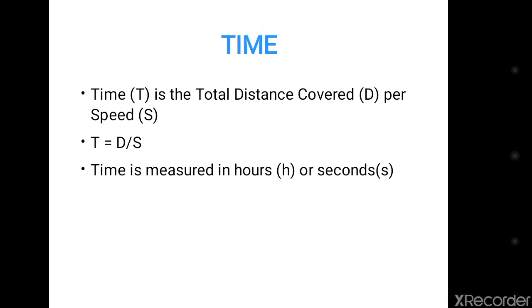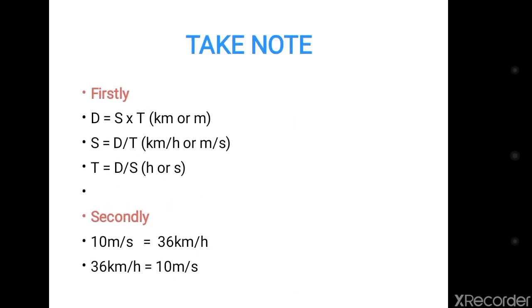So the mathematical equation for time is equal to distance over speed. We can say time is equal to distance divided by speed. So time is measured in hours or seconds.